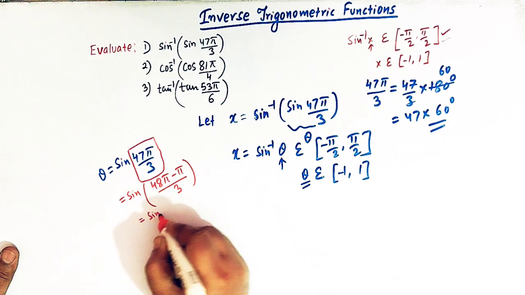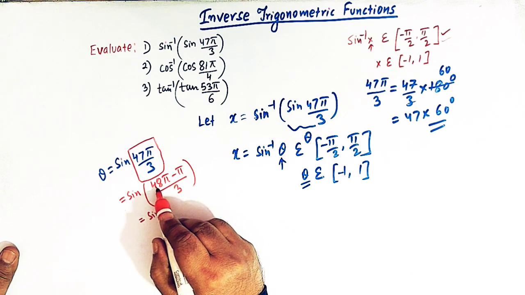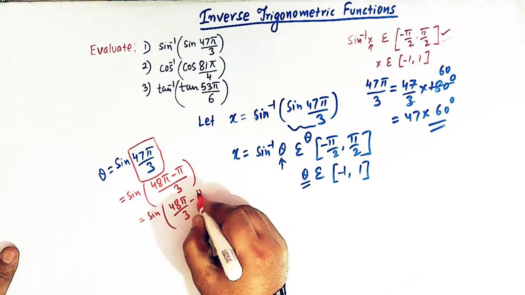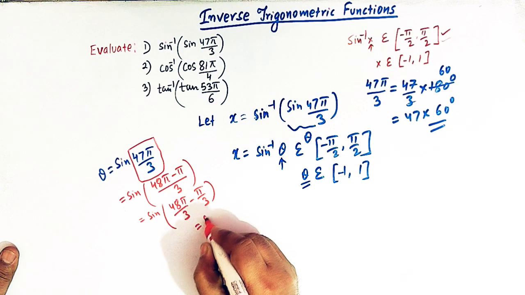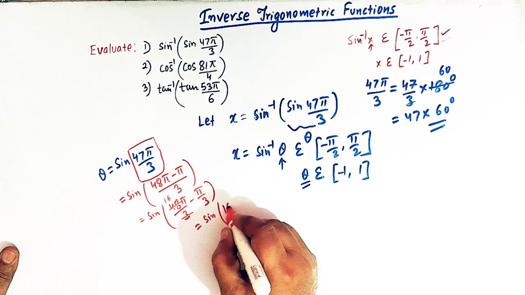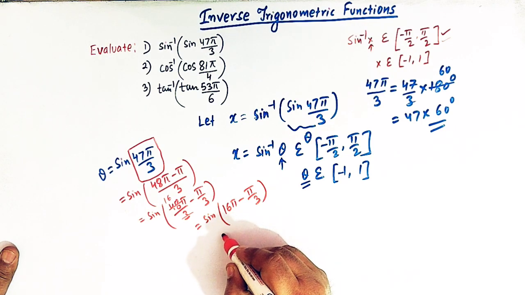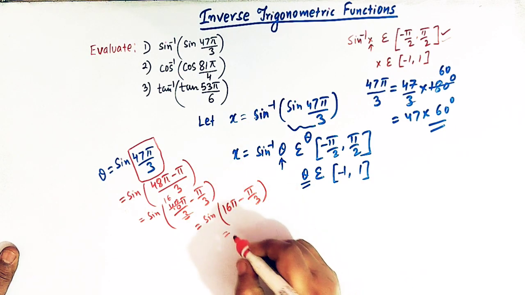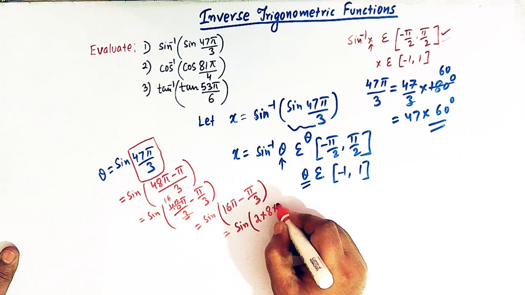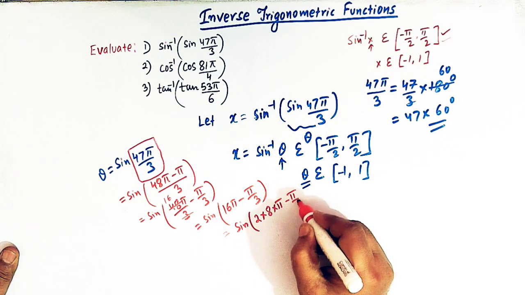Distributing the 3, we have 48 pi over 3 minus pi over 3, and 48 over 3 is 16, so we have sine of 16 pi minus pi by 3. We express this as sine of 2 times 8 times pi minus pi by 3.